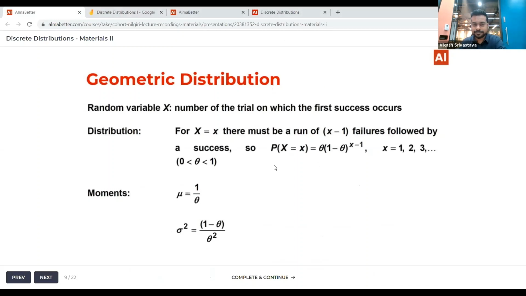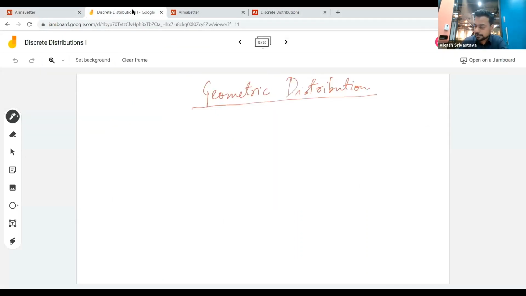In the case of a geometric distribution, whenever you are writing the probability function for any random variable, you need to understand the definition. This is the number of the trial, not the number of trials, in which we get the first success.